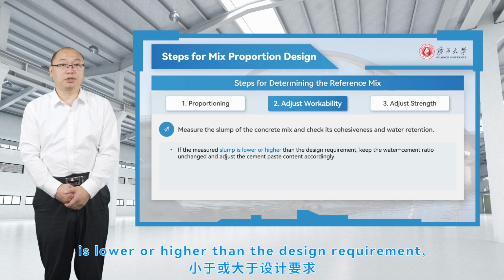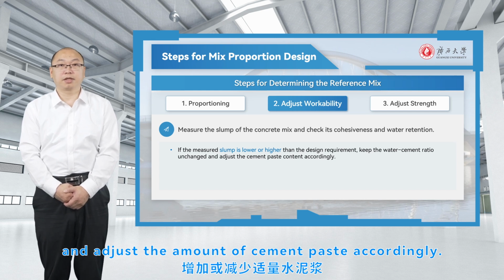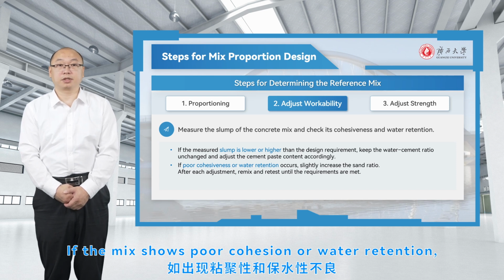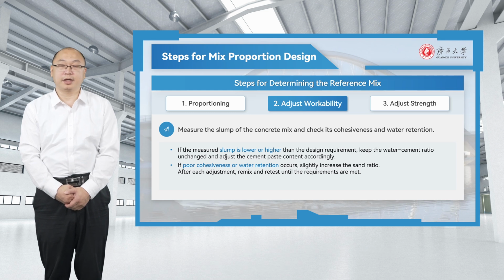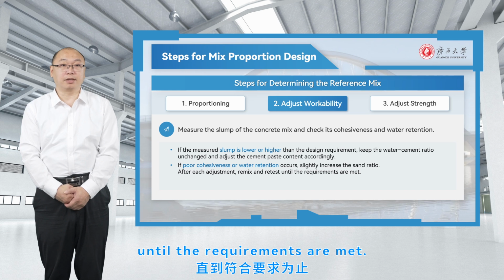If the measured slump is lower or higher than the design requirement, keep the water-cement ratio unchanged and adjust the amount of cement paste accordingly. If the mix shows poor cohesion or water retention, the sand ratio can be slightly increased. After each adjustment, remix and retest until the requirements are met.